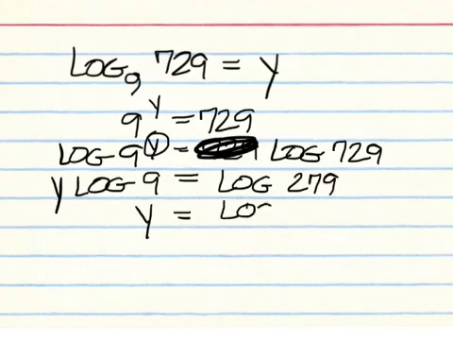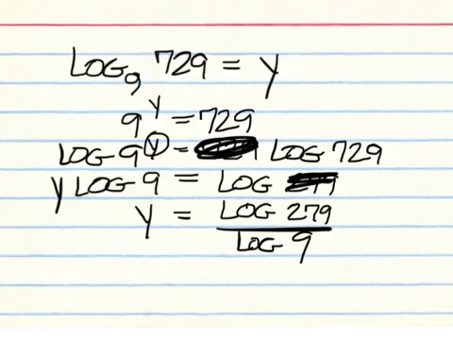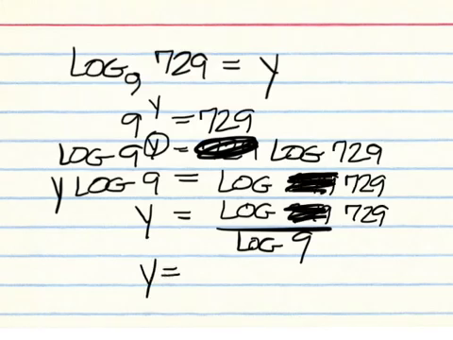So y equals log 729 divided by log 9. I wrote 279, but it should be 729. And when you divide log of 729 by log 9, it should be 3.